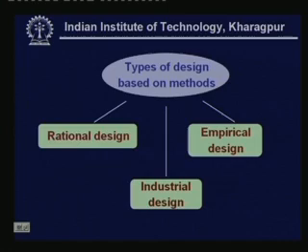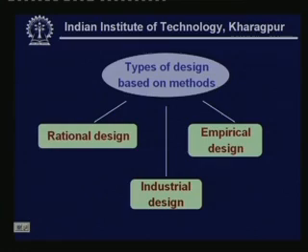Now, we can see the design when we classify the types of design based on methodologies. Earlier we talked about what could be the types of designs, and this is the method based design, meaning what are the methods by which we do a design problem.